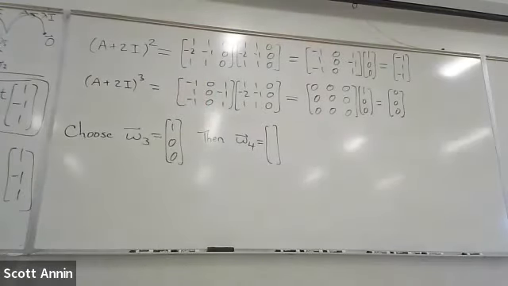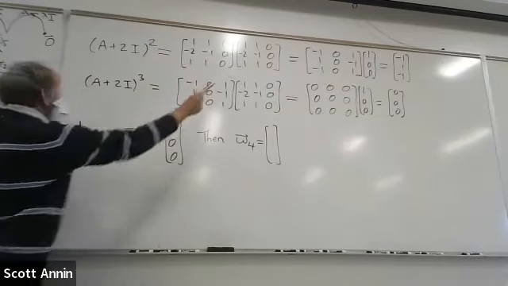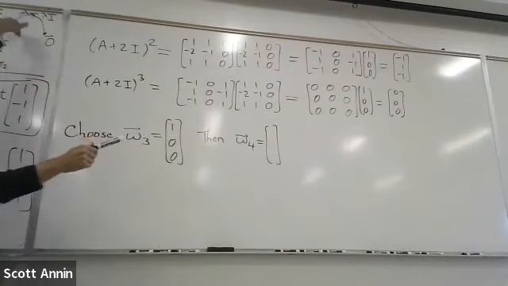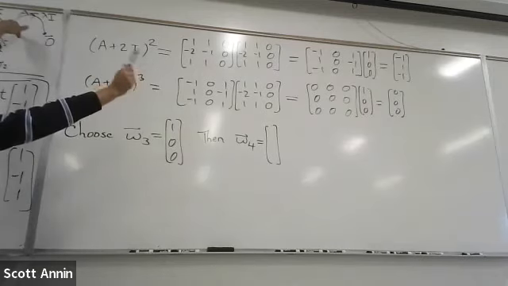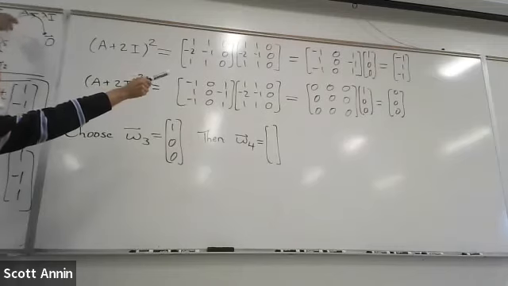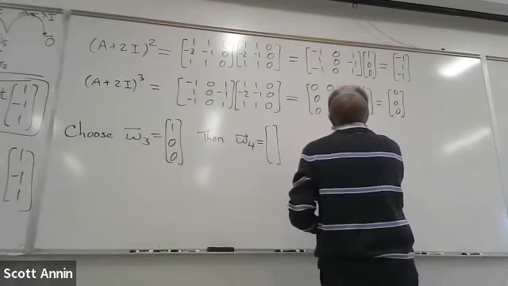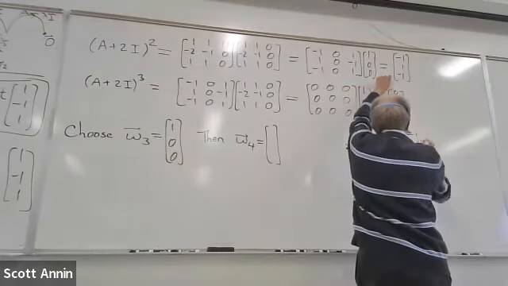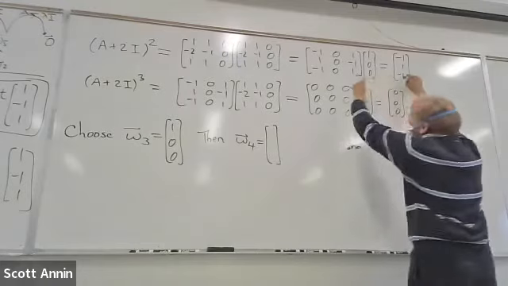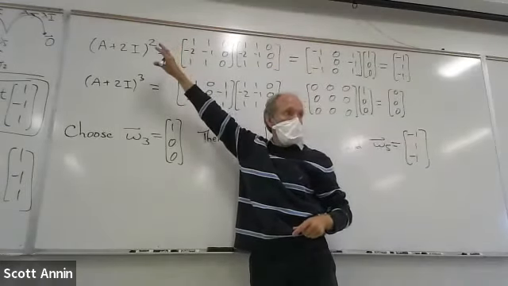So if I started with W3 and I did the square of the matrix to it, where would I end up? Which is, what vector is that? W5, right? So let's skip ahead. W5 is this guy. You see that? Because this is coming from the square of the matrix, right?